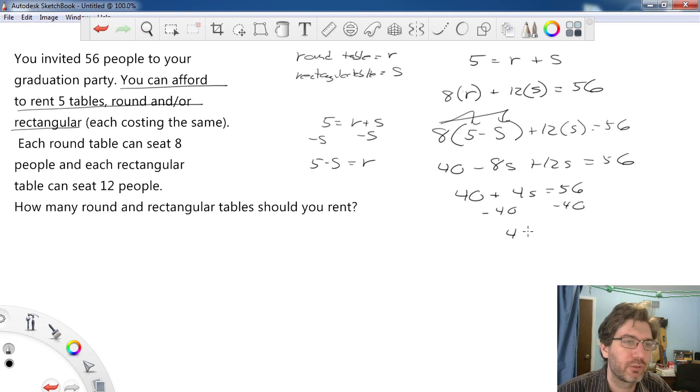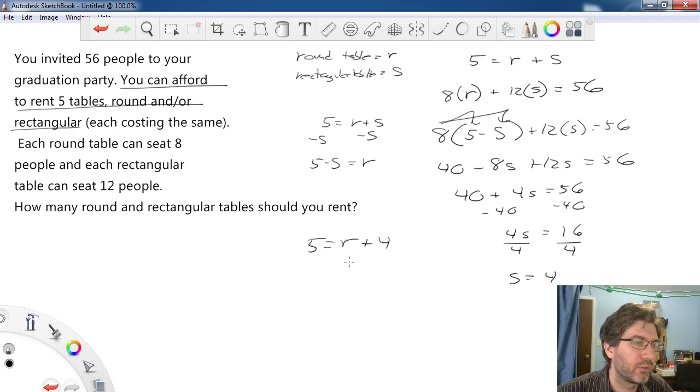This one's making more sense already. 4S equals 16. Divide by 4, you get S equals 4. So you need 4 rectangular tables. Plug it back in, and you get 5 equals R plus 4, so 1 equals R. You need 4 rectangular tables and 1 round table.